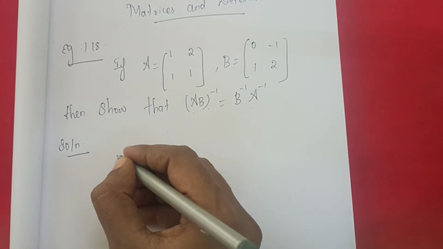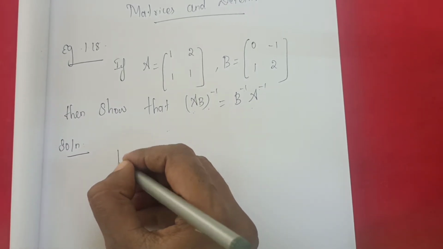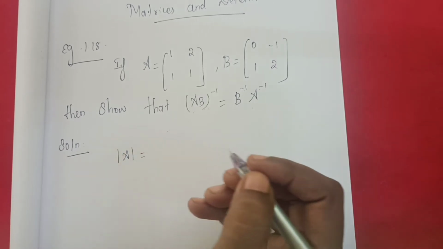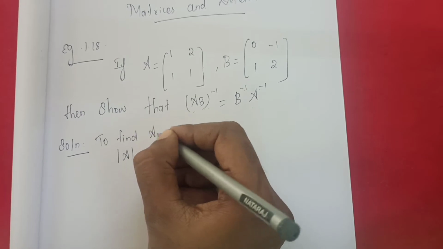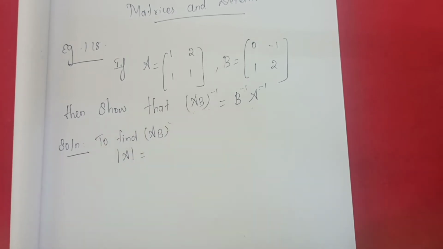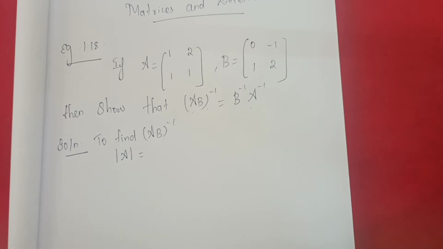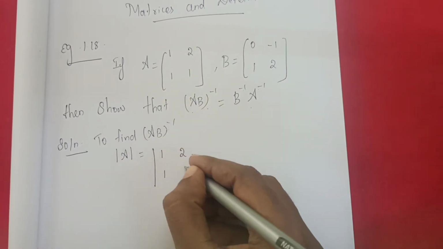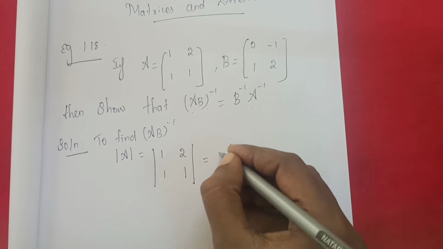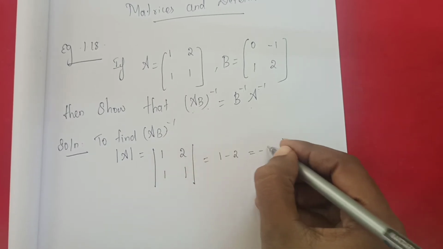Solution. First, we are going to find (AB) inverse. To find it, we first need to find the determinant of A. For that, [1, 2; 1, 1], that's equal to 1 minus 2, which is minus 1.